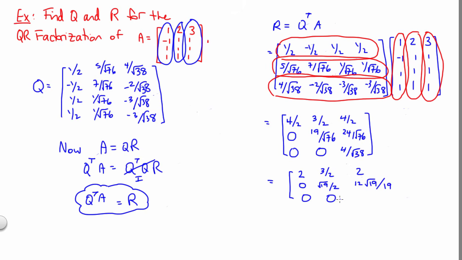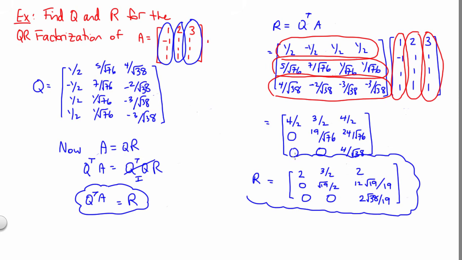And then finally in the bottom row here, 4 over root 38 is going to simplify to 2 root 38 over 19. So I think I'll label this clearly as R and just highlight that. That's 1/2 of our final answer.